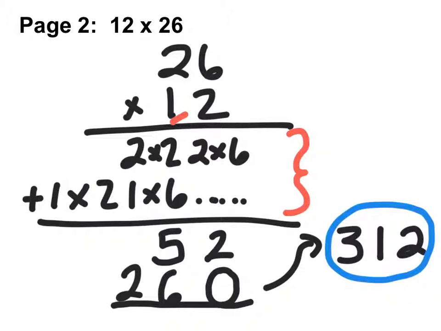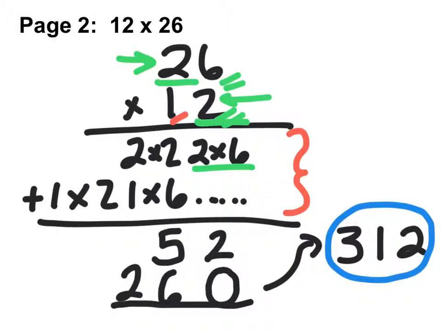Okay, so this is the traditional algorithm. You do these 4 little multiplications and you add them together, and where you place them has to do with the place value that you're talking about. What I mean by that is this is 2 ones times 6 ones, so that's going to stay in the ones place. But when I take that 2 and multiply it by this 2, it's not actually 2 times 2. It's 2 from here, and this is a 20.